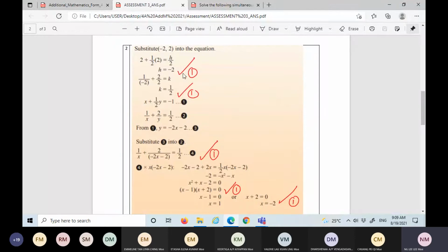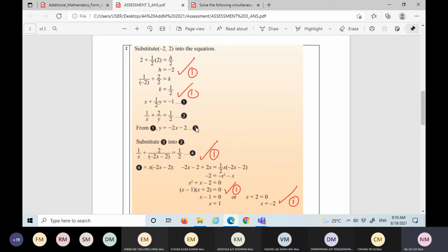Okay, so you see the first part is finding h, then after that finding k. When you have your h and k already, substitute them back, so these are the two equations that you have, and then work from here. Same thing, one linear and one not linear.